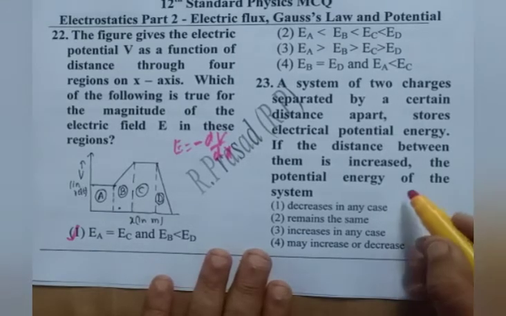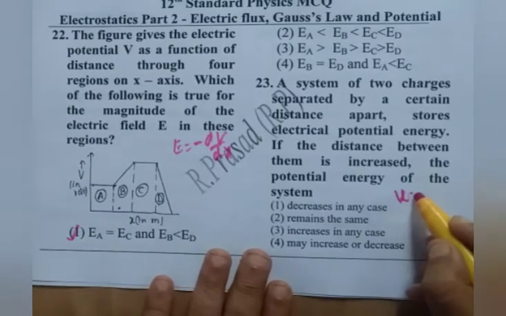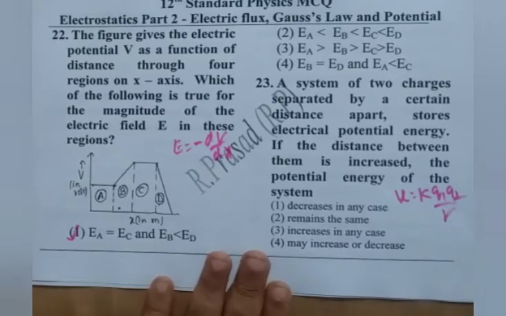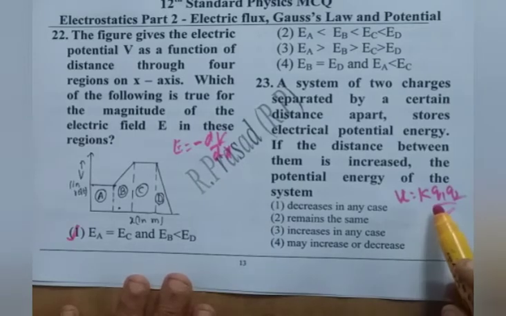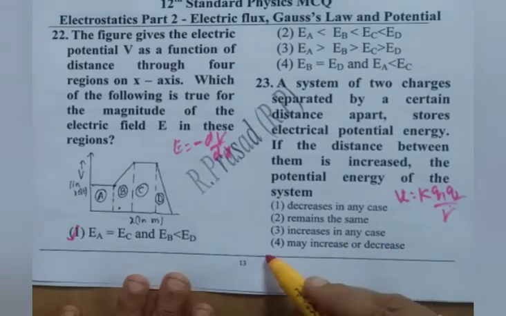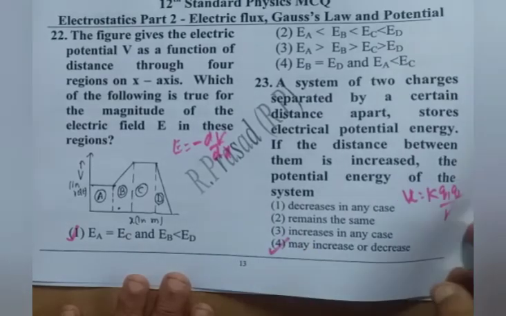First we write the potential energy formula, K Q1 Q2 by R. Now, if both Q1 Q2 are positive or negative, as the distance increases, potential energy decreases. If one is unlike, that is Q1 is positive, Q2 is negative, then the potential energy may decrease or increase. Therefore, the correct answer is may increase or may decrease depending on the type of charges we have there.